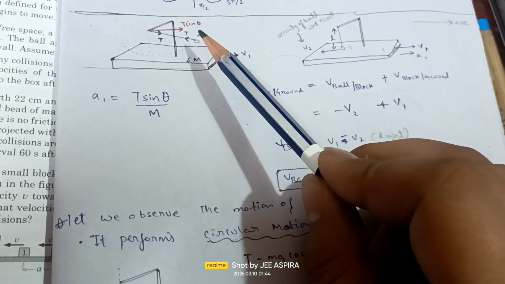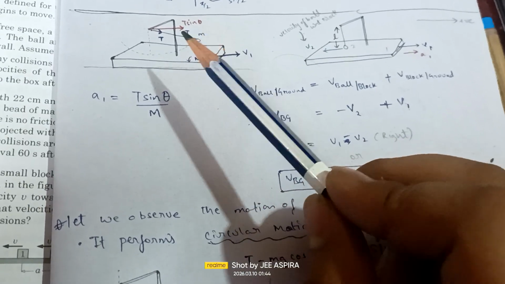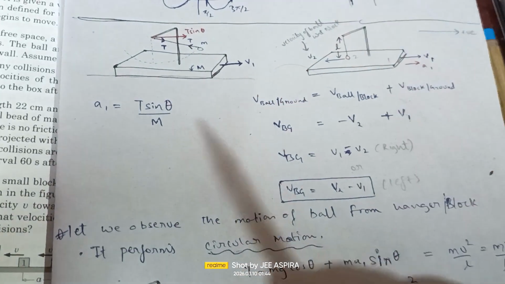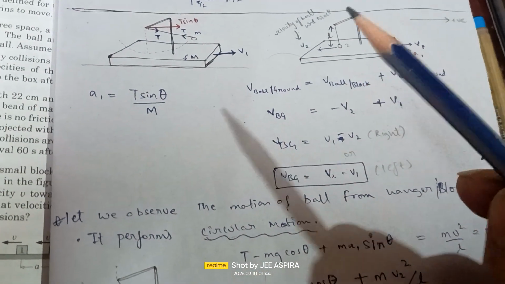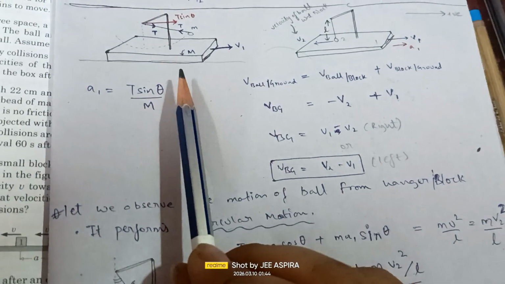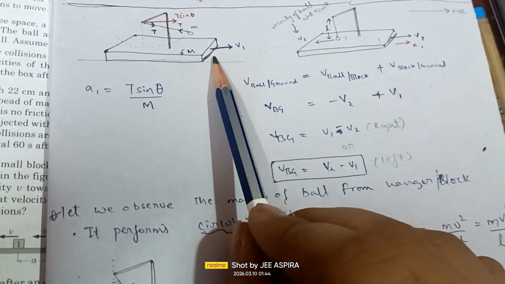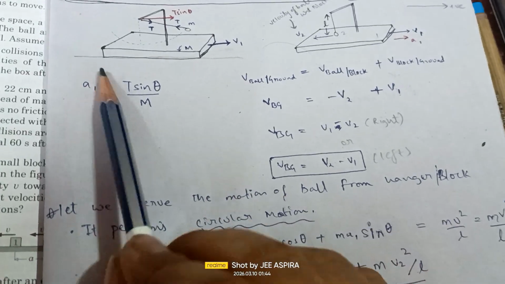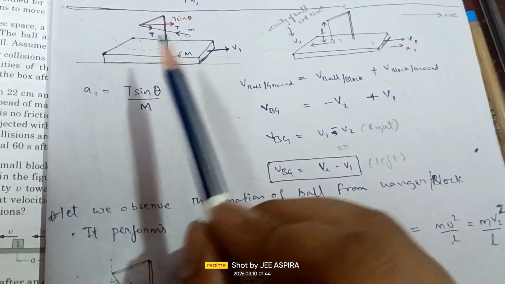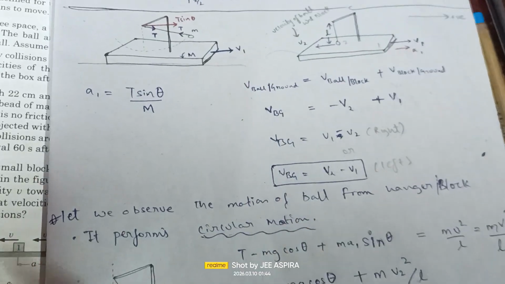How to approach this question? First, we have to see that as there is no friction, there is no horizontal force in it.